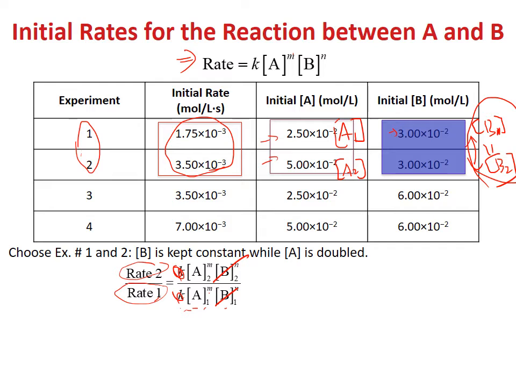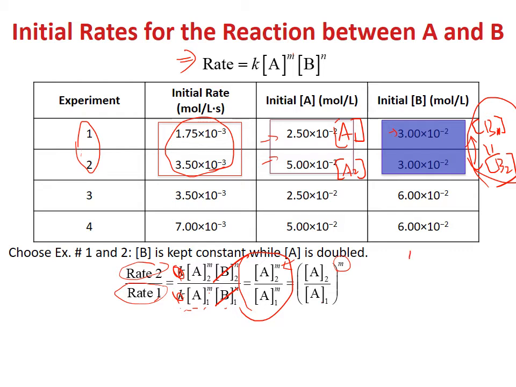So the rate 2 over rate 1 in theory should equal A2 to the mth power divided by A1 to the mth power. Now in math, this can be written as just A2 over A1 to the mth power. They have the same exponent.